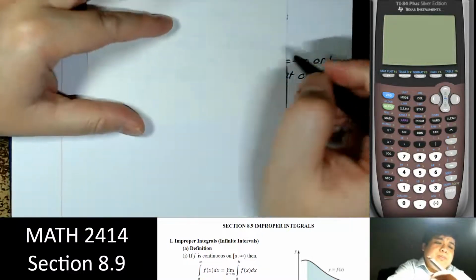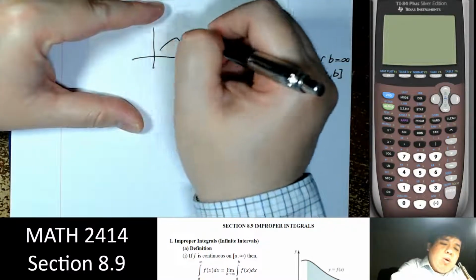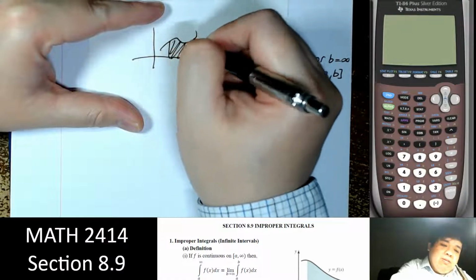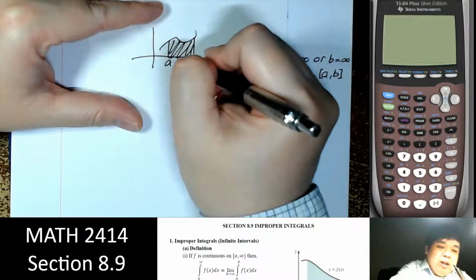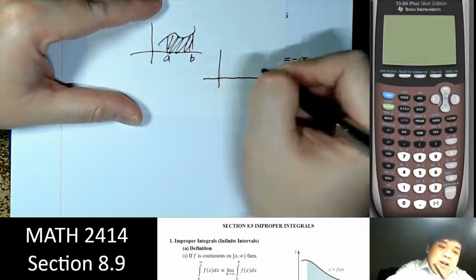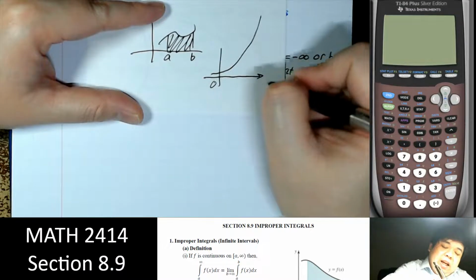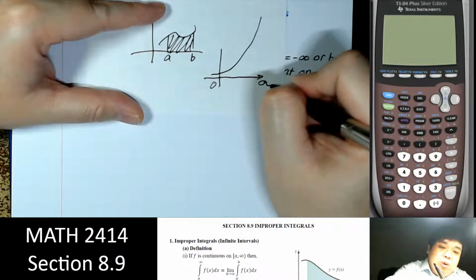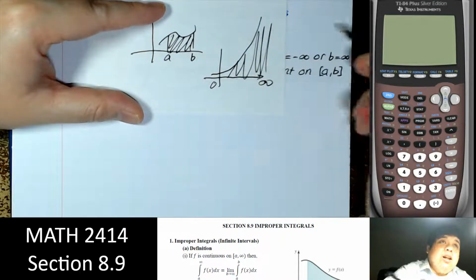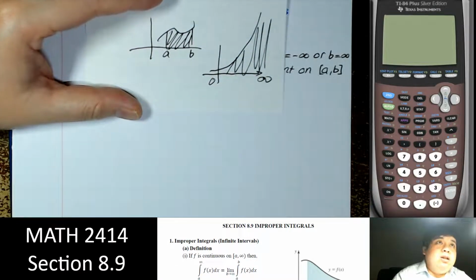So, for example, it's normal to find the area under the curve, which is easy, from a to b. Now, if we find the area under the curve to infinity, then that is improper.